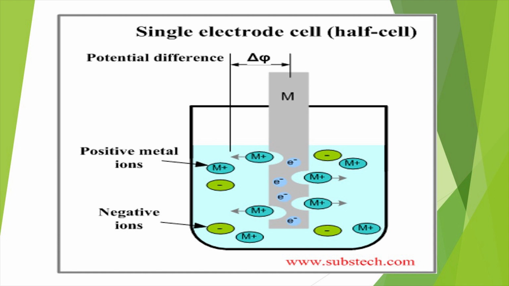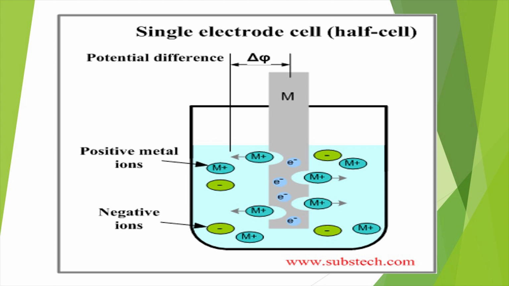Due to the quick build-up of electrons on the metal rod, it is surrounded by a layer of positive M plus ions. M plus ions are attracted to this negative charge on the metal. Some of them reclaim their electrons and stick back on the metal rod.